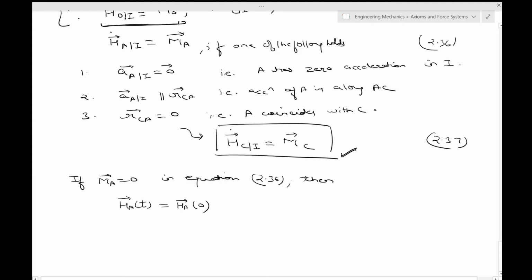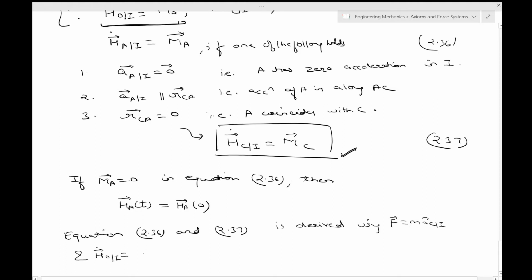One of the other statements which must be made over here is that equation 2.36 and 2.37, since both of them are visible right now, is derived using F is equal to M A_C and H dot O is equal to M_O, and so is not independent.